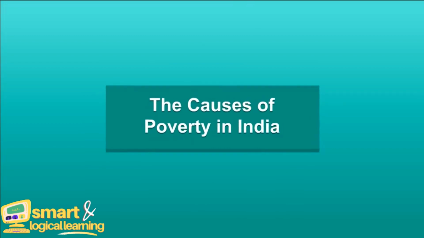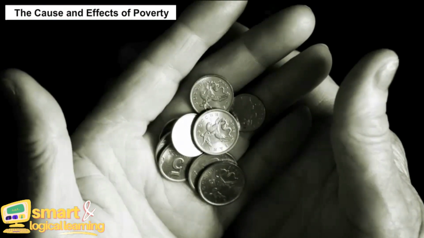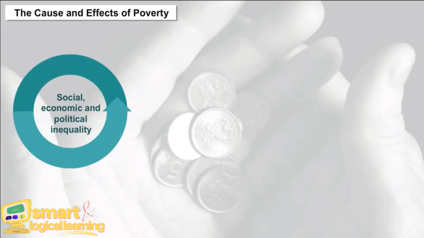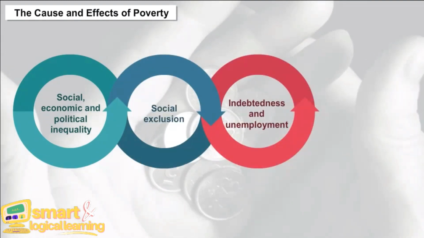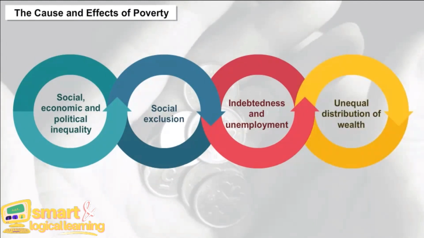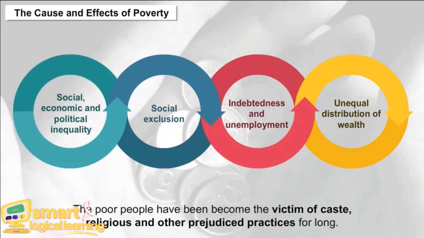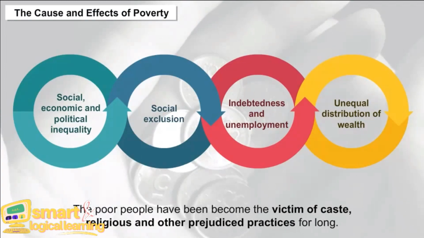The causes of poverty in India. The causes and effects of poverty. For the reasons of social, economic, and political inequality, social exclusion, indebtedness, unemployment, and unequal distribution of wealth, the poor people have become the victims of caste, religious, and other prejudiced practices for long.